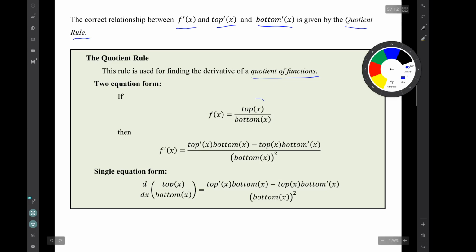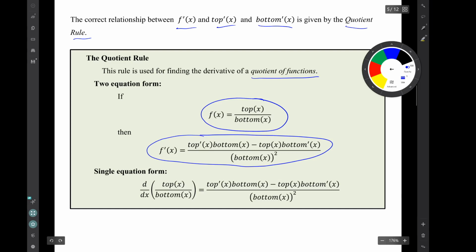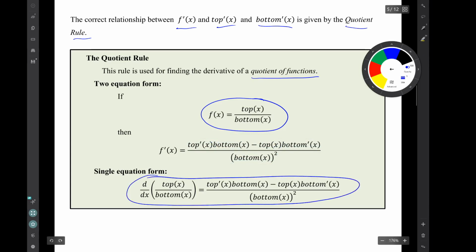The rule says if you have a function f of x of that form, top divided by bottom, then its derivative is given by this messy formula. f prime is equal to top prime times bottom minus top times bottom prime, all over bottom squared. Written on a single line, the quotient rule looks like that. d dx of a quotient is equal to this messy thing.